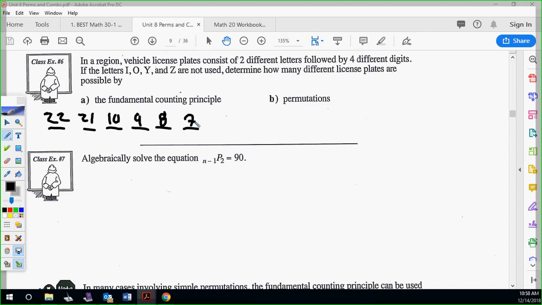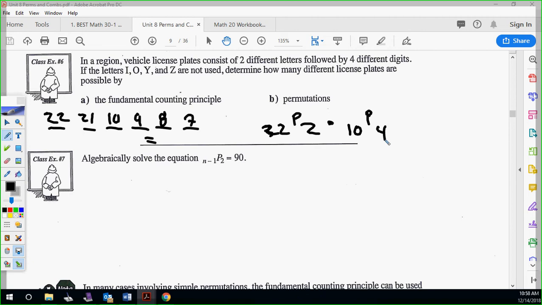Now this is going to be maybe what you'll think is the magic part here. So the permutation part. How many letters are we choosing from? And how many are we choosing? That's 22. How many digits are we choosing from, and how many are we choosing? Multiply those.